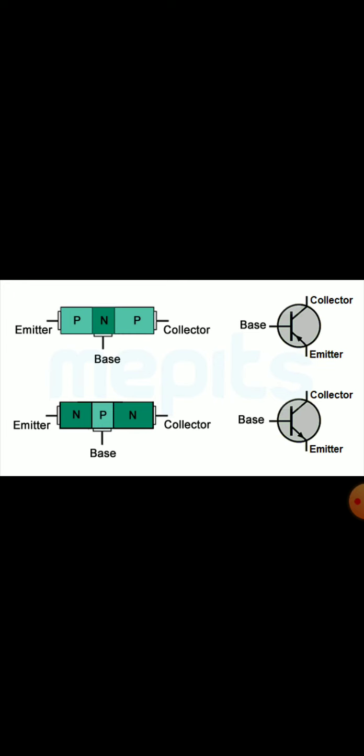That is the concept. A transistor is of two types, PNP and NPN. In a PNP transistor the order is emitter, base, collector, and in an NPN transistor it is also emitter, base, collector. A transistor is formed by sandwiching either P-type or N-type semiconductor between a pair of opposite types.